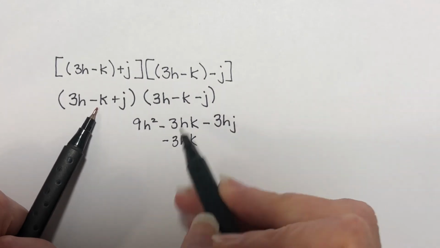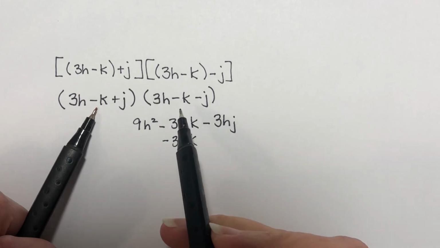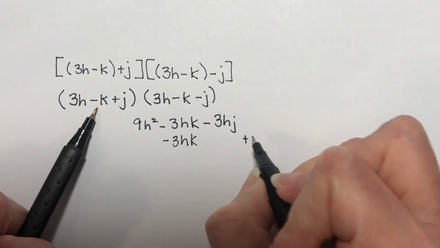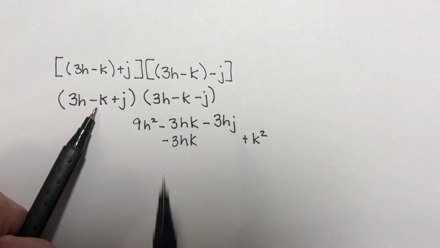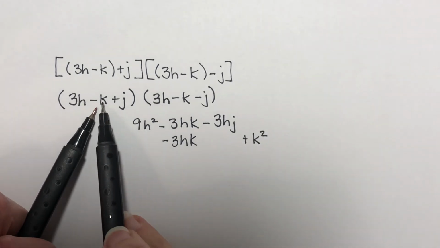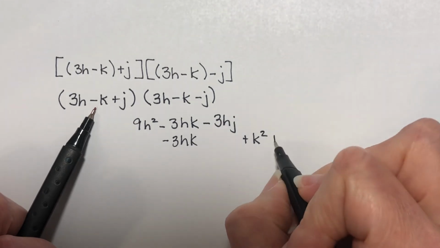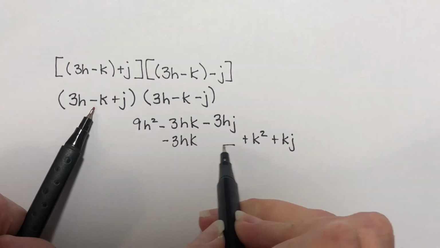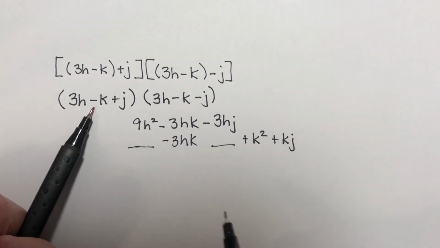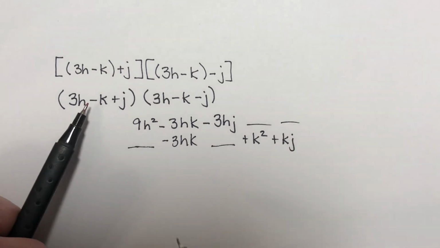I'm just lining up my like terms to make it easy. Negative k times negative k is going to be a positive k squared. I put it over here because there's nothing up here to line it up with. And then negative k times negative j is going to be plus kj. I don't have this term in there, and I don't have this term. That's okay. I have nothing here and here. I'm just lining things up.